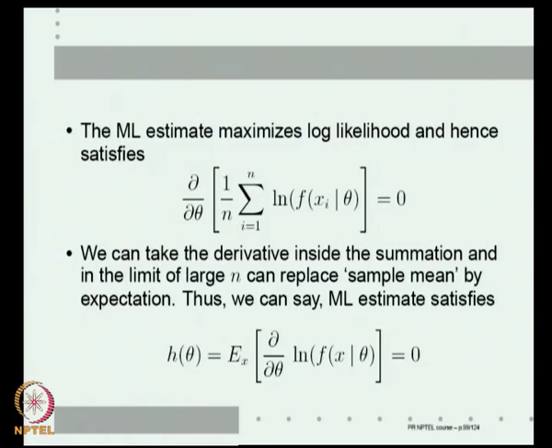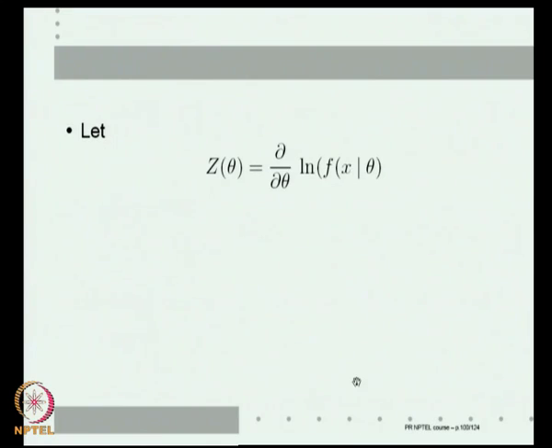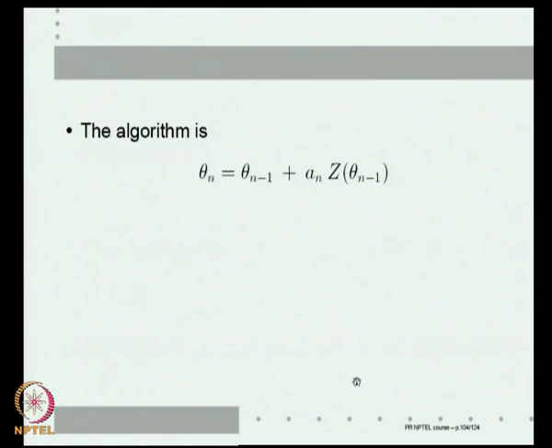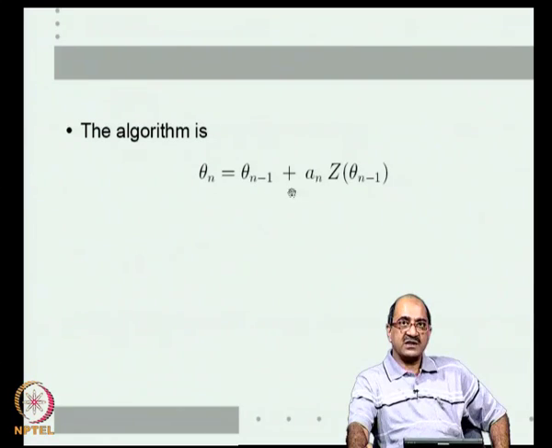Theta n plus 1 is equal to theta n plus some small step size times the gradient. Similar to that, the algorithm for finding the 0 of h theta based on the observation z theta is the same: theta n plus 1 is equal to theta n plus some step size times z. If I had h, I would have put h of theta n here, where h is the gradient. Then this would have been the gradient algorithm, but I do not have access to h, I only have access to z. So, I put z there.